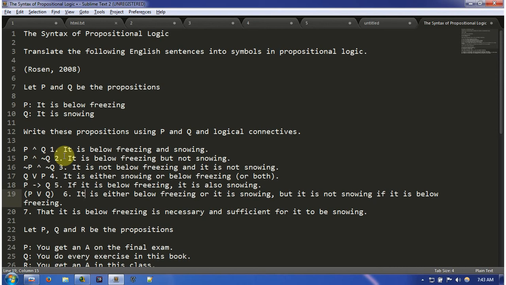Next, we have the word but, which is represented by and. Next, it is not snowing if it is below freezing. So this is our if statement.